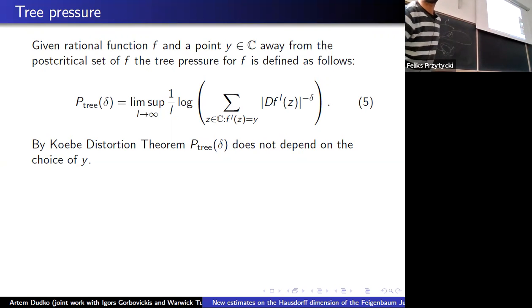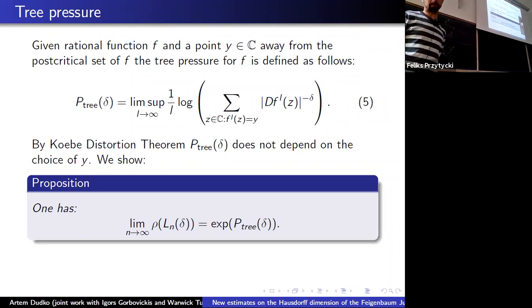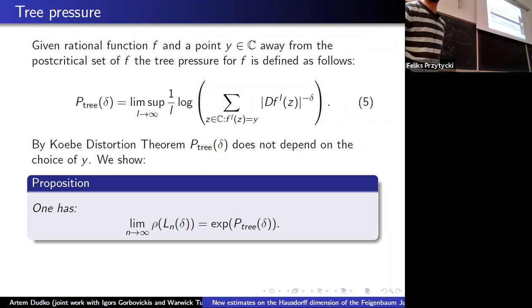Notice that by the Koebe distortion theorem, this value does not depend on the choice of y if we choose it away from the postcritical set. In fact, one can choose anything not too fast approximated. For polynomials we can take a point from just outside. So, proposition: the spectral radius of McMullen matrices converges to the exponent of the tree pressure.